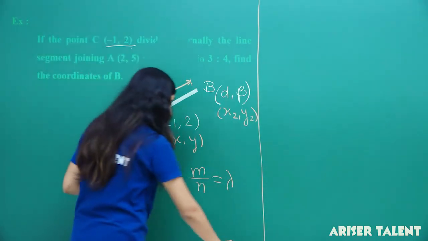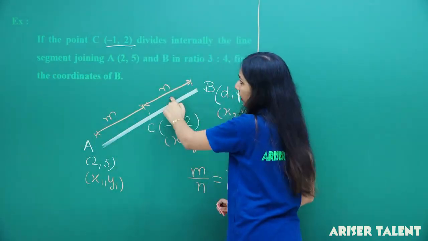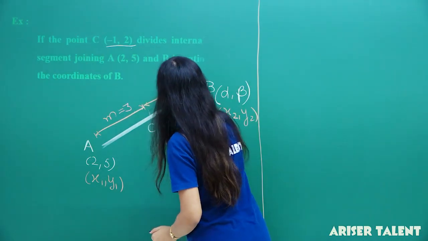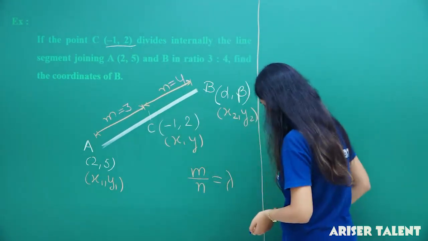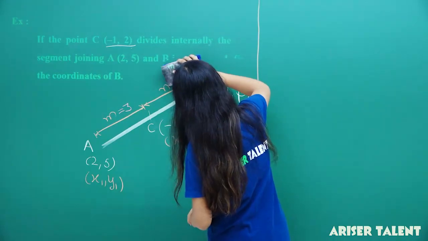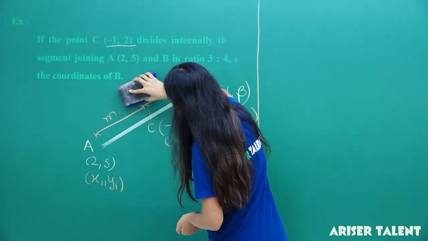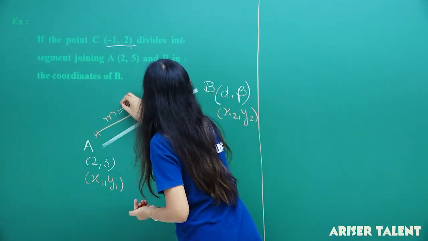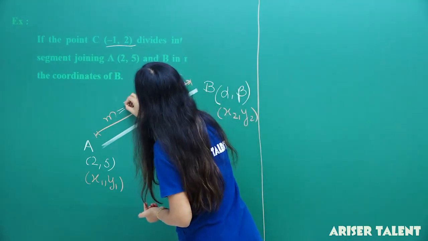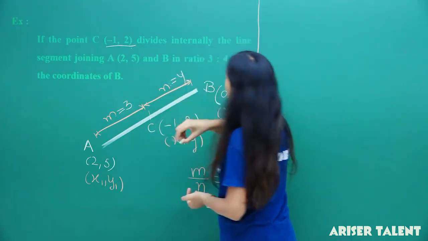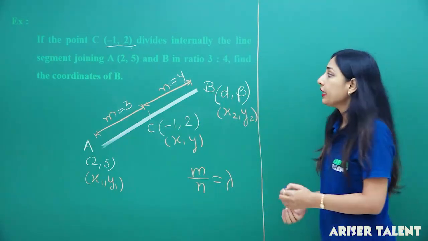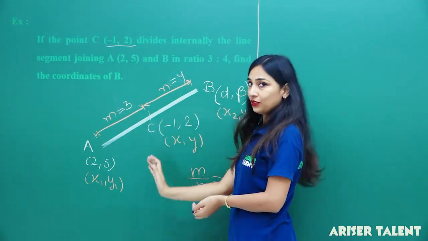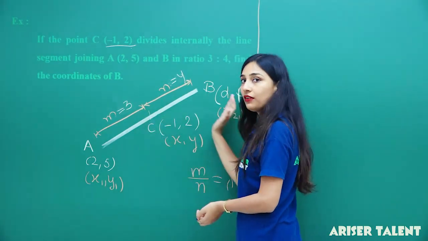Here I have been provided the ratio m to n equal to 3 by 4, 3 and 4. We are writing all the provided things in this color.